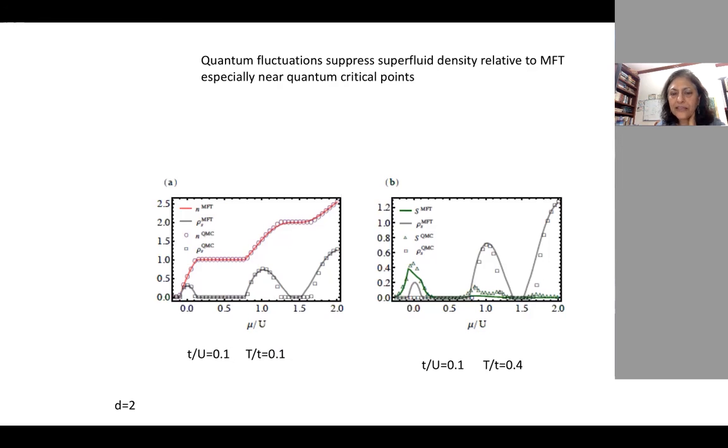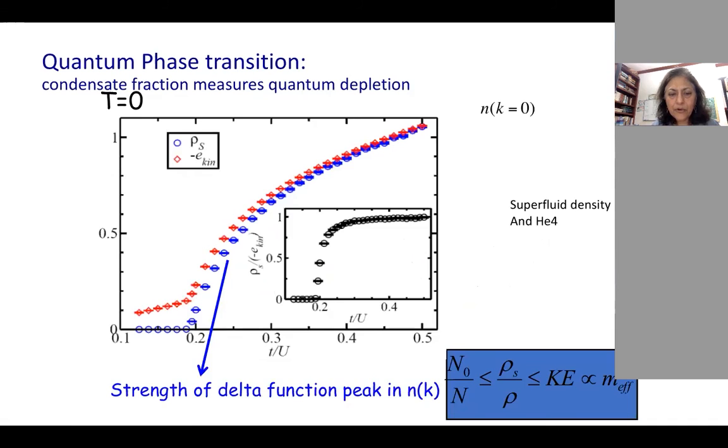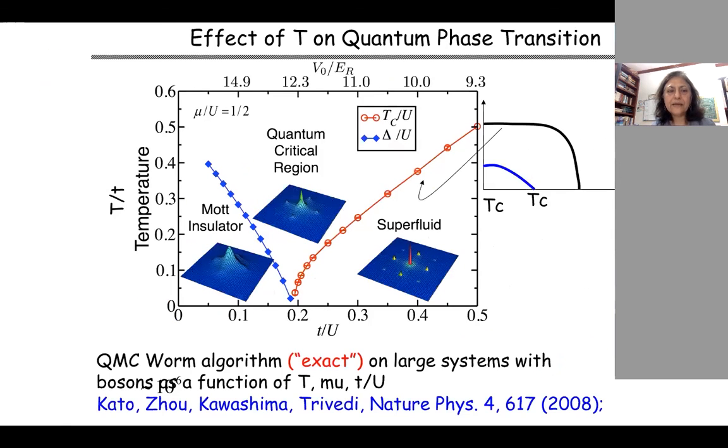This is calculating the superfluid density by looking at some transverse responses. By the way, if you get interested in these topics, just come and talk to me separately. These are very big topics and they take a long time to explain in detail. Here, I want to make sure the big story is getting across. So now the Mott transition is expanding, and I want to look at what is happening with temperature.